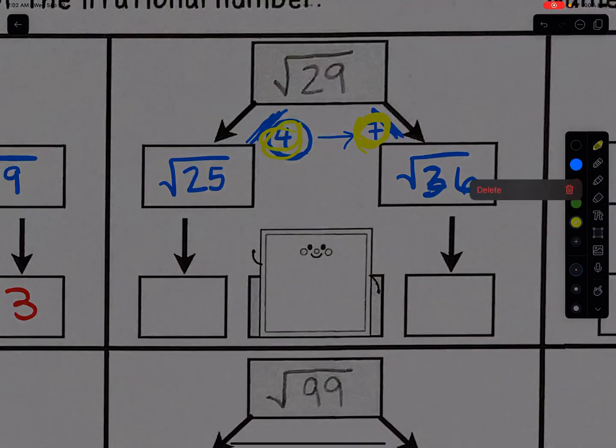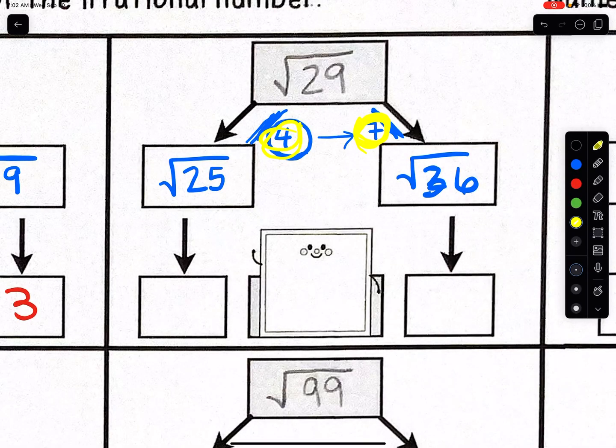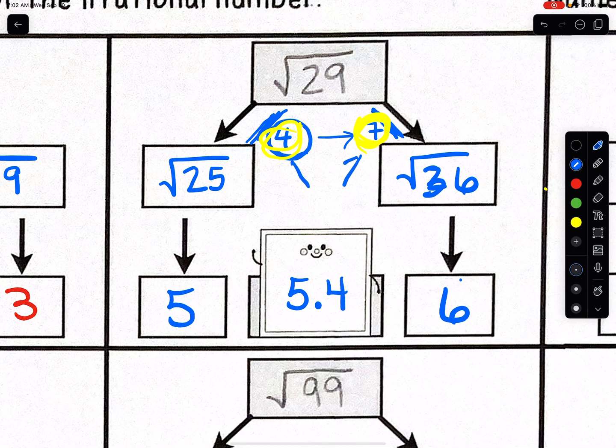So my reason for figuring out how to guess that it's closer is because it's closer to that middle. It's got more spaces. I should not try to write and walk at the same time. So that's 5 and 6. So I'm going to guess 5.4. It's not exactly the middle because these two numbers aren't equal, but they're close to equal.